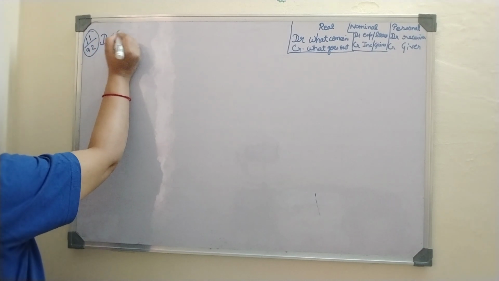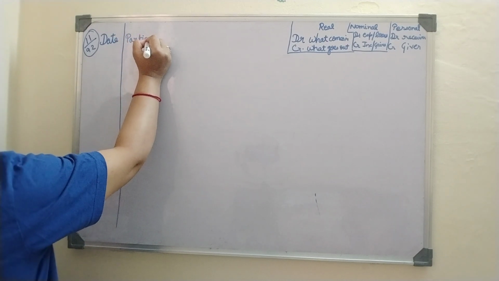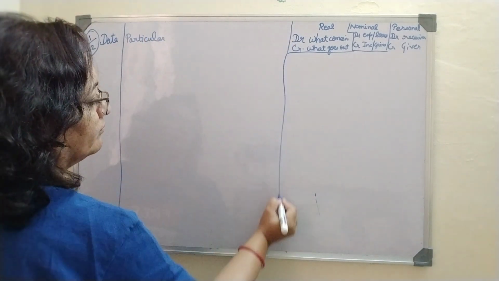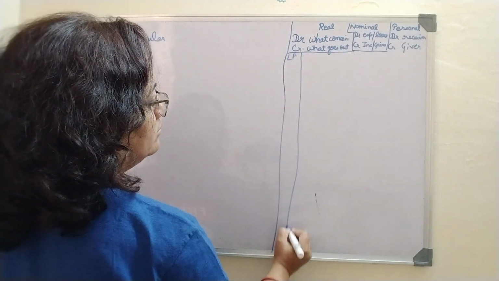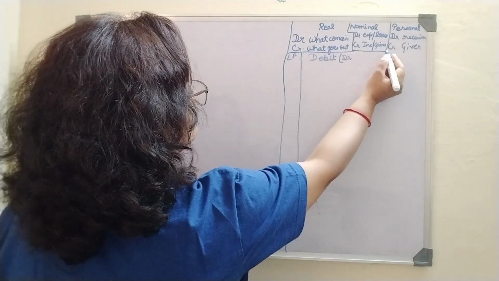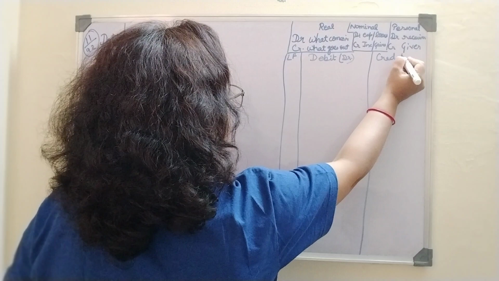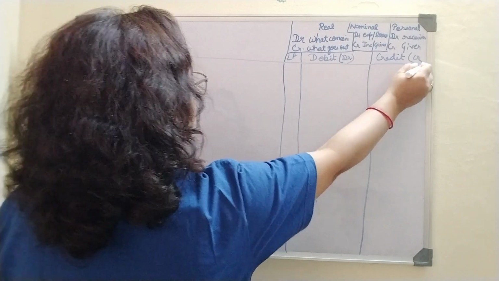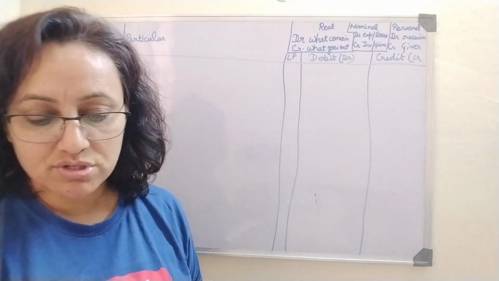So correct format is date, then comes particular is the detail, then comes ledger folio, it is a very thin column, then comes debit, for this we write short form as DR, and then comes credit, we write CR. So these are the top columns. No need to write this every time with the question. This you can write in the rough column of your answer sheet whenever you start with the question.